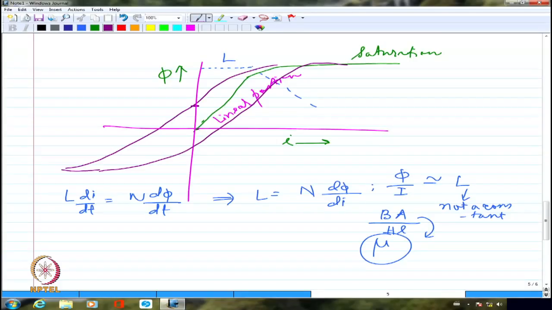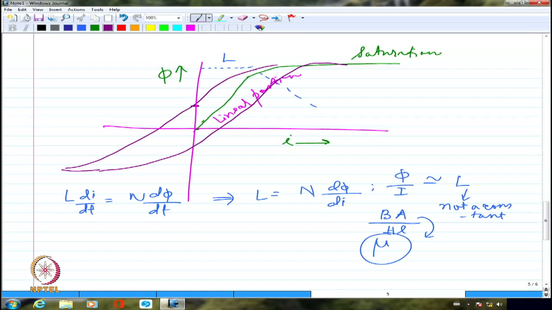So the variation in the flux is always left behind as compared to the variation in the current. The variation in the flux is left behind, which is known as the hysteresis property of the iron.